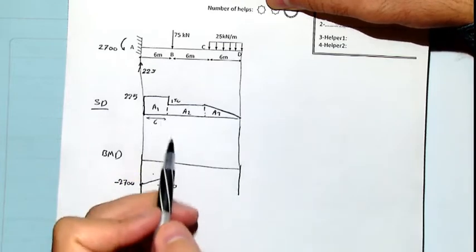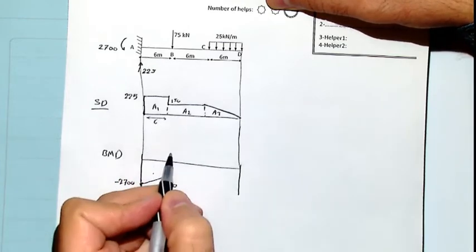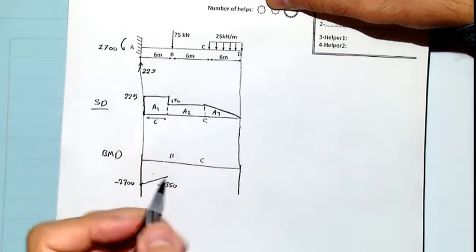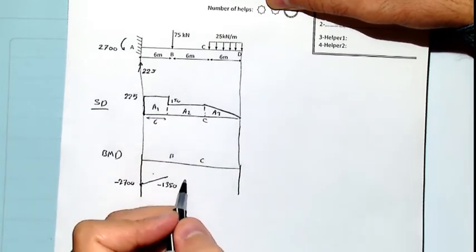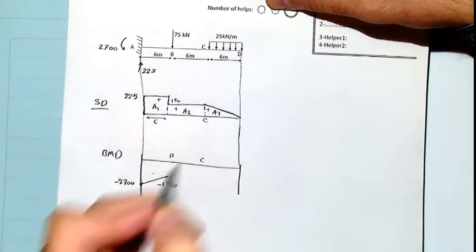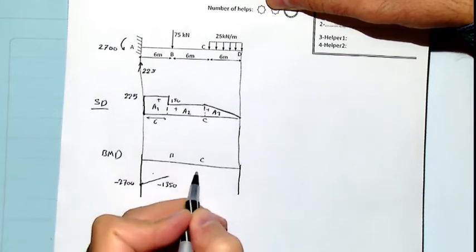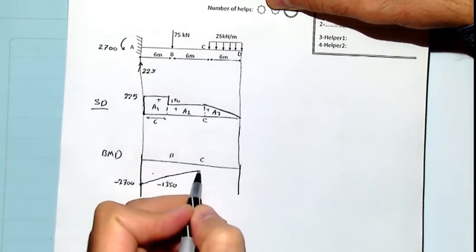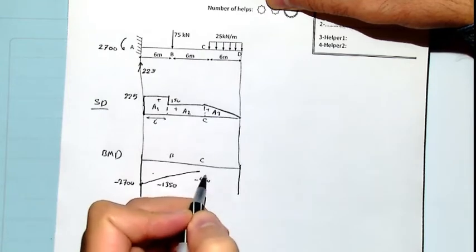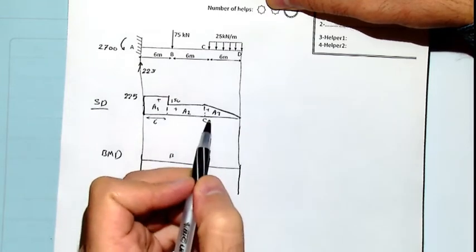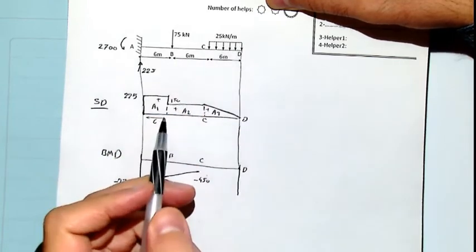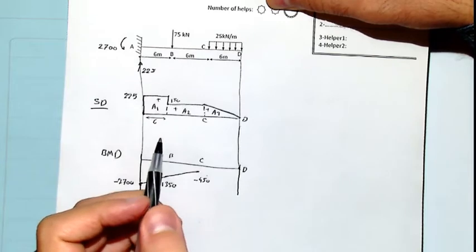And from here, point B, to reach to the point C, we have a straight line, so it would be again linear, and we add A2. It's all positive. So it would be something like this from here to here, and we're gonna reach to minus 450. Now at point C, to reach point D, at point D we have to reach to 0 because there is no concentrated moment and there is no support. Moment definitely is 0.